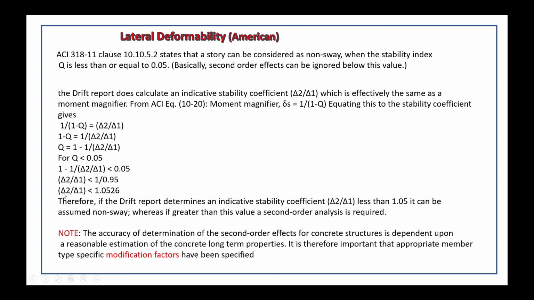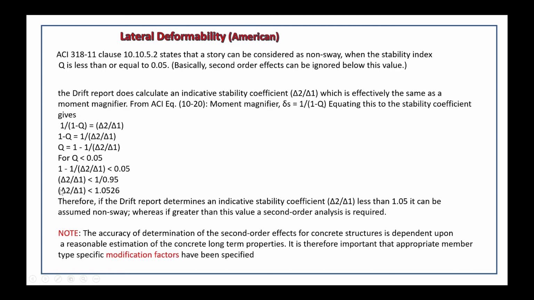So if you calculate the delta 2 over delta 1 is less than 1.05, you can assume the frame or this element is non-sway. What is delta 2 and delta 1?